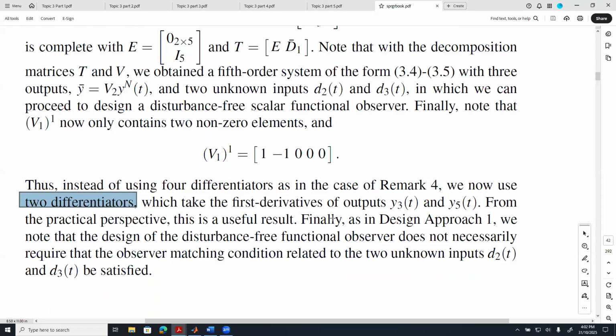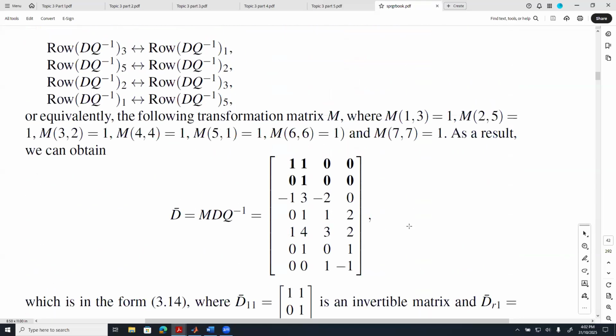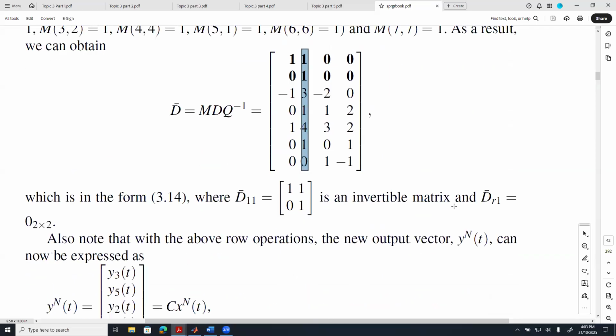And we take the first derivatives of output y3 and y5. And by the way, the two unknown inputs, when we rearrange them, these new 2 columns here consist of d1, and this column here corresponding to the unknown input d4.